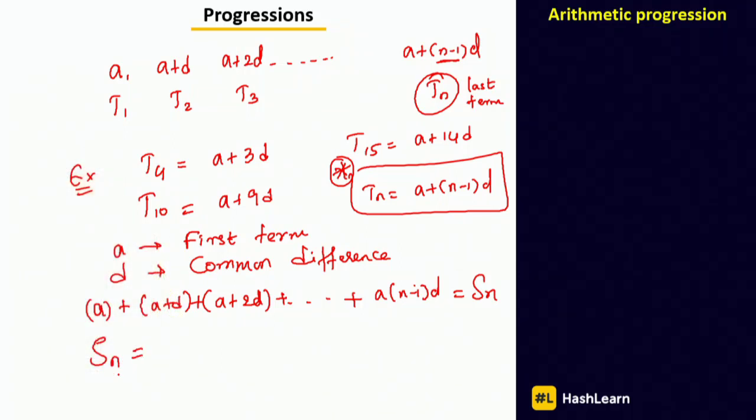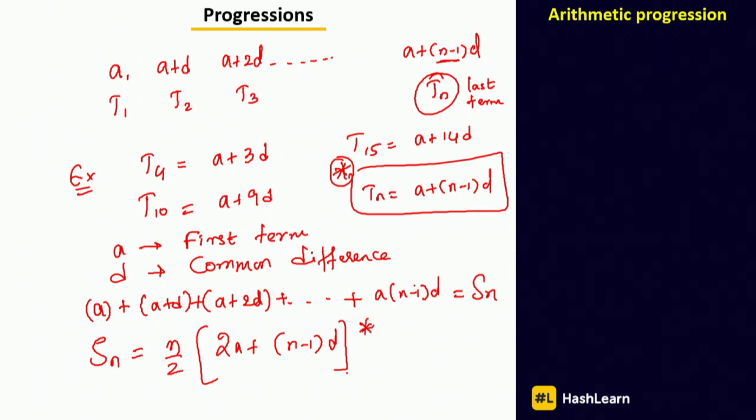This is given by the formula n divided by 2 into 2a plus n minus 1 into d. What is n? N is the total number of terms in the progression. A is the first term and d is the common difference. This is your second important formula which you should remember.